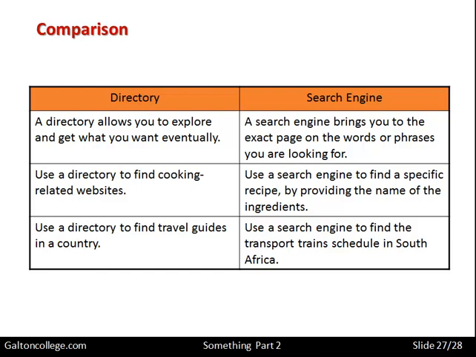So with the search engine it's much more refined. A directory will give us the information, but it also requires us to put in extra work to try and find out which specifically meets our requirements.